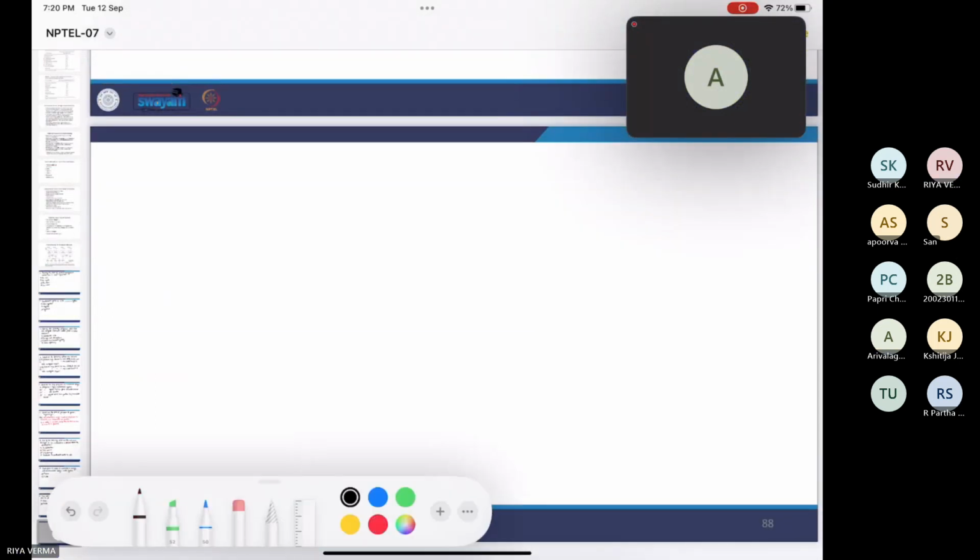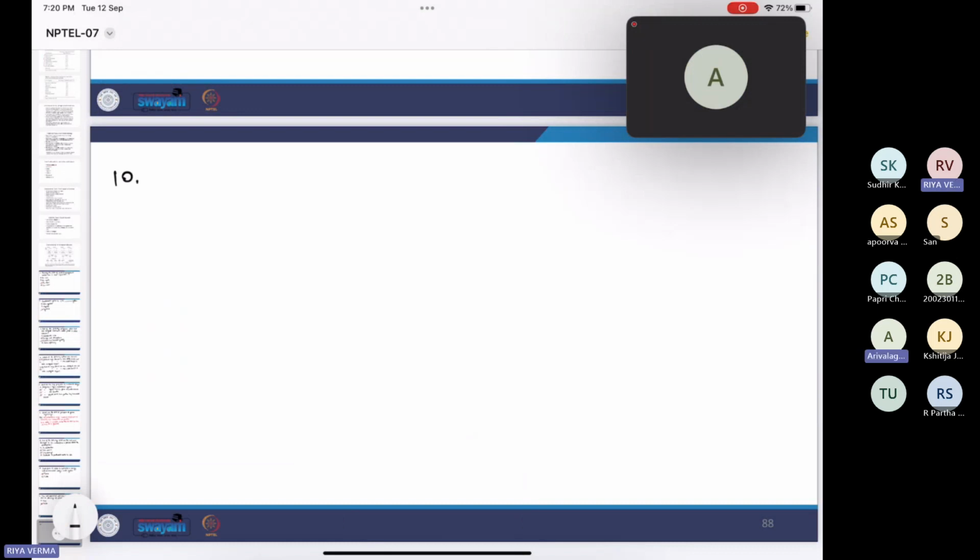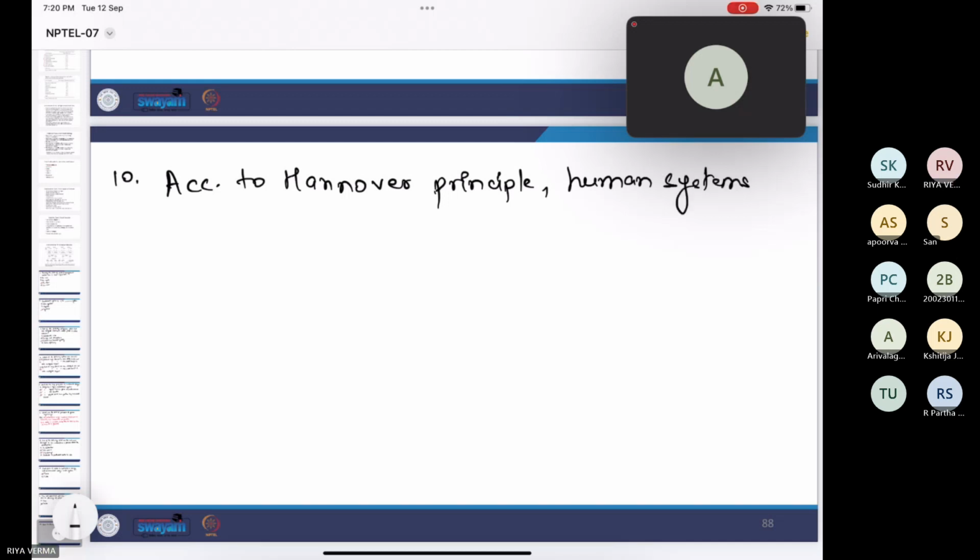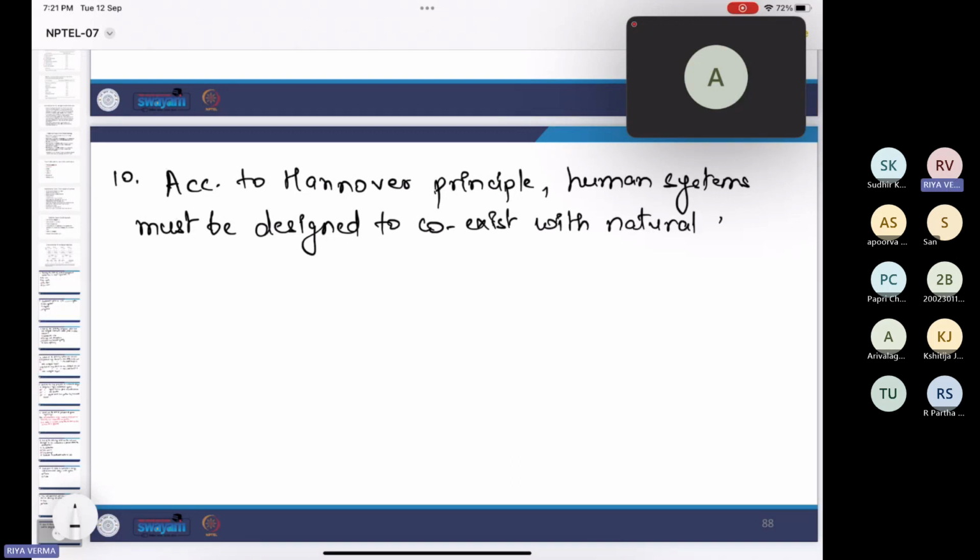Last statement is, according to Hanover principle, human systems must be designed to coexist with natural systems.